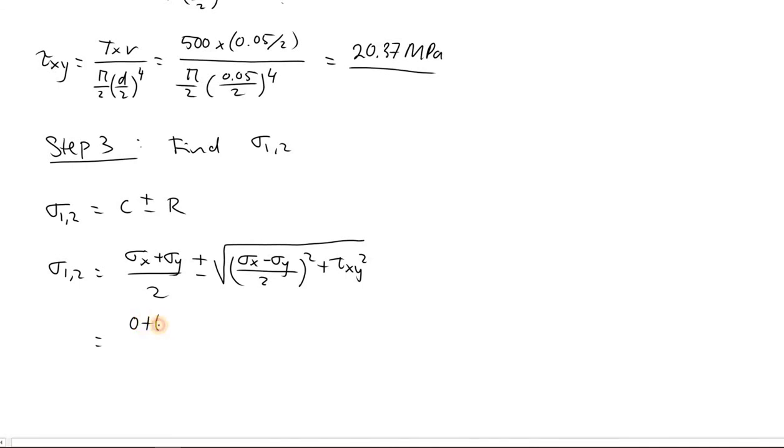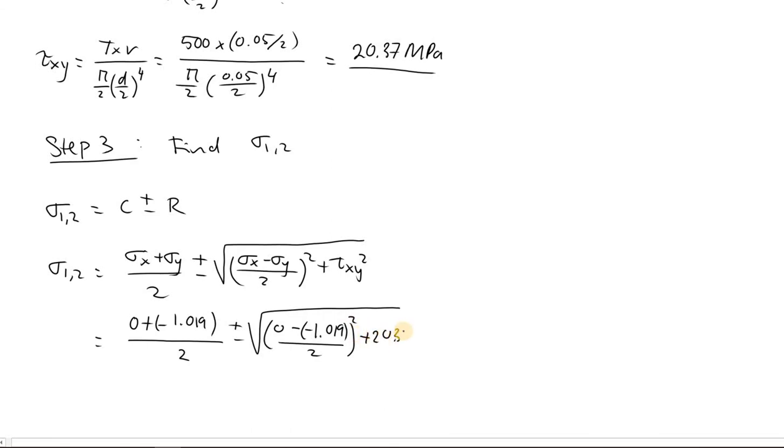So 0 minus 1.019 divided by 2, plus or minus the square root of 0 minus 1.019 divided by 2, squared, plus our 20.37 shear stress squared as well.